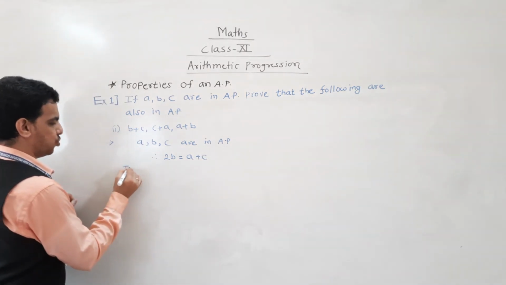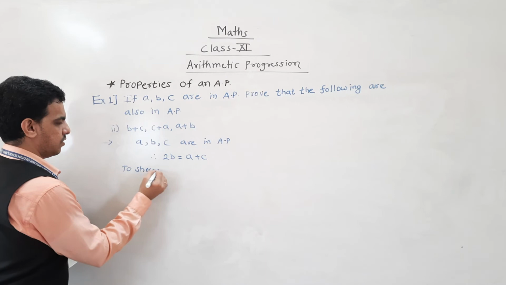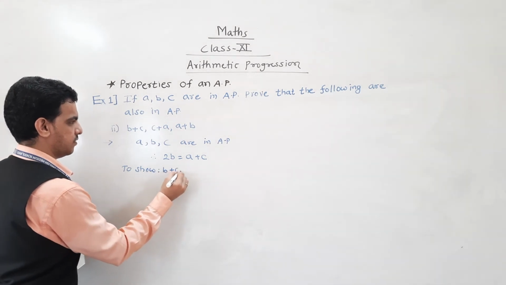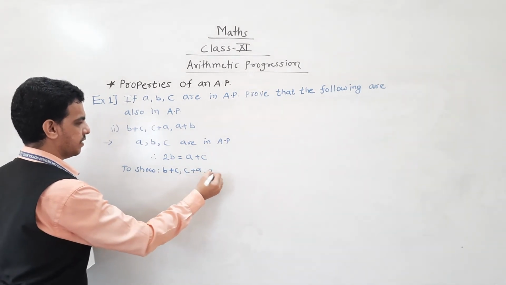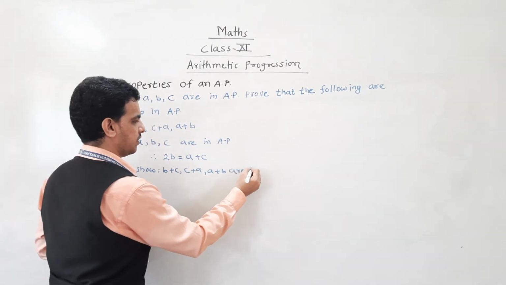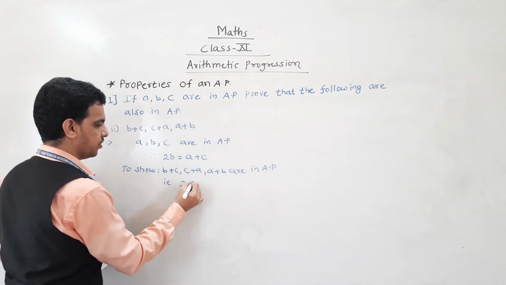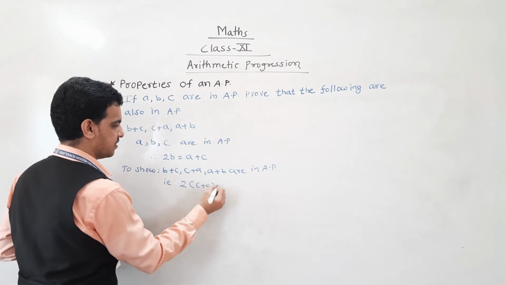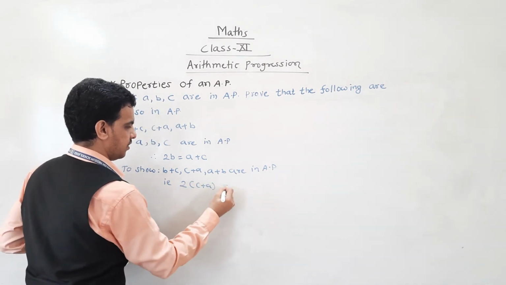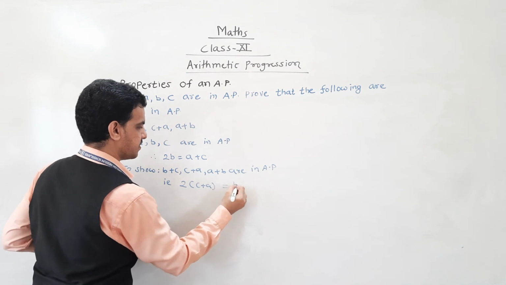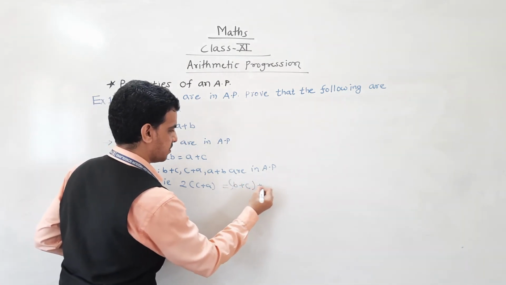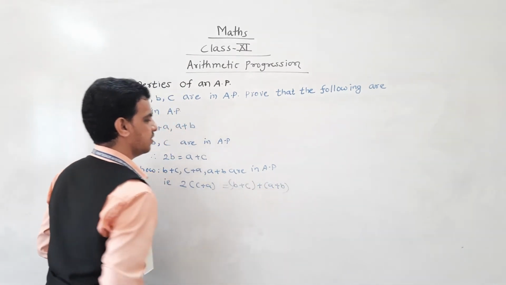Okay, to show b plus c, c plus a, a plus b are in AP, that is, 2 into (c plus a) is equal to (b plus c) plus (a plus b).